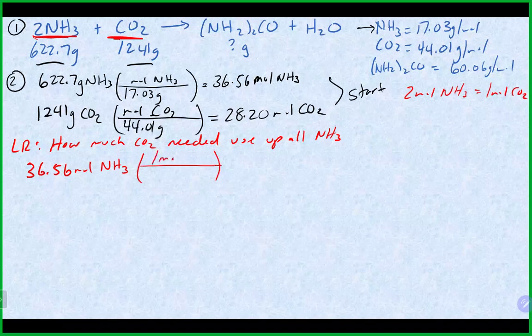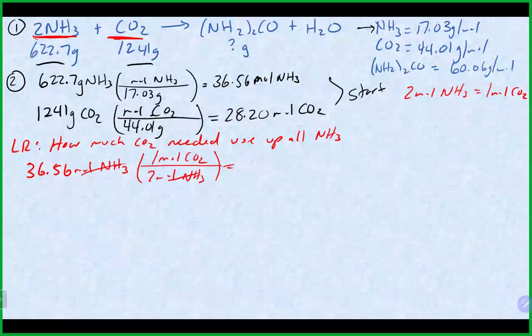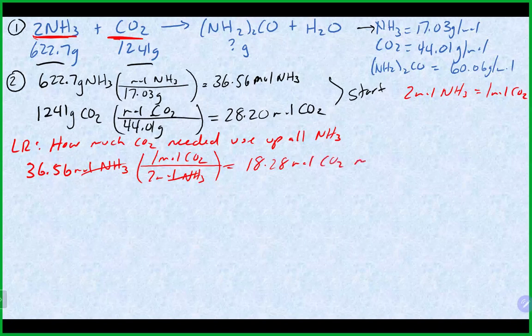That we want to go on the top, and our 2 moles of NH3 on the bottom. NH3 will cancel, and this will give us 36.56 divided by 2, 18.28. And again, that is how many moles of CO2 is needed.